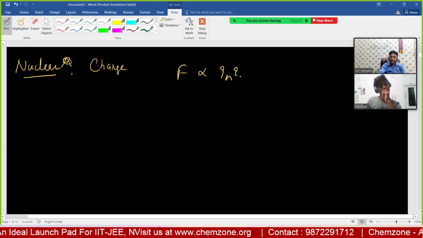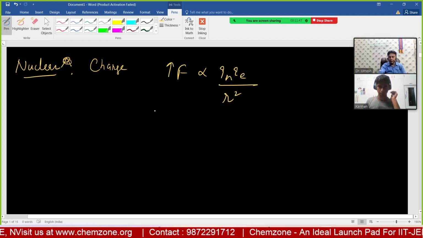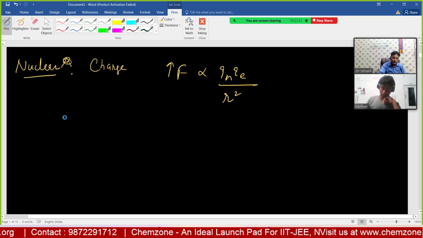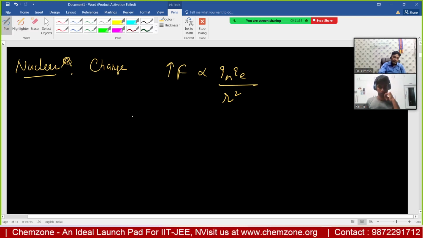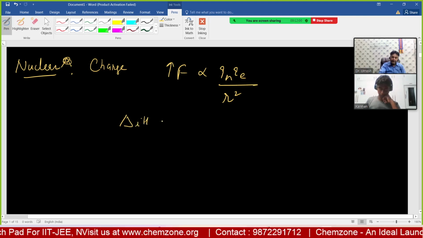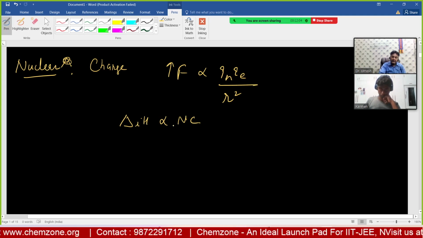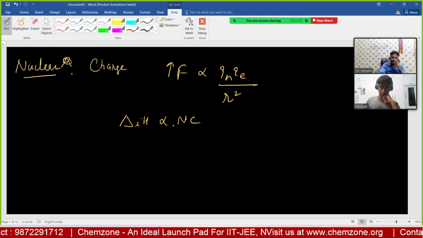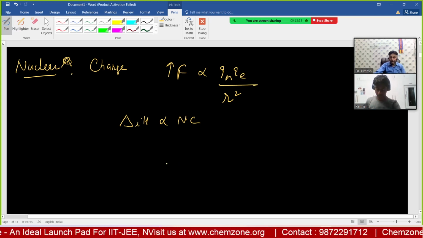See, Q1 charge of nucleus, Q2 charge of electron upon R squared. If the attraction is more, it will become difficult to remove the electron. So I can say enthalpy of ionization is directly proportional to the nuclear charge. Am I clear?